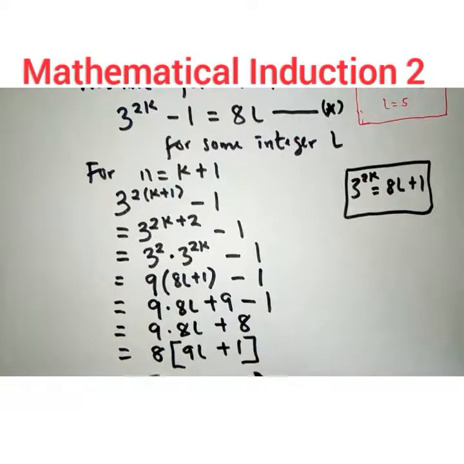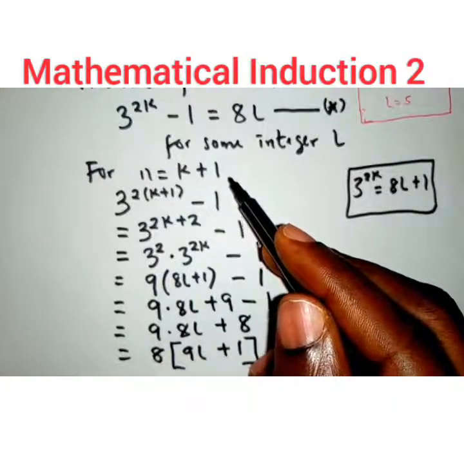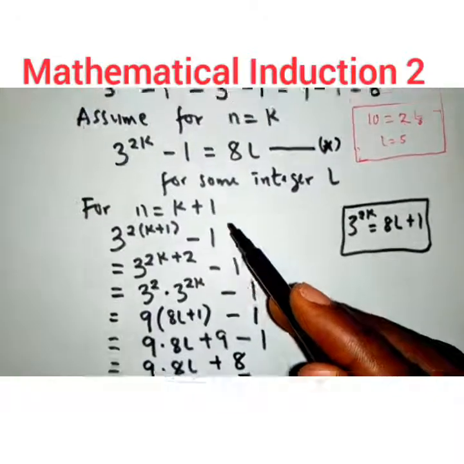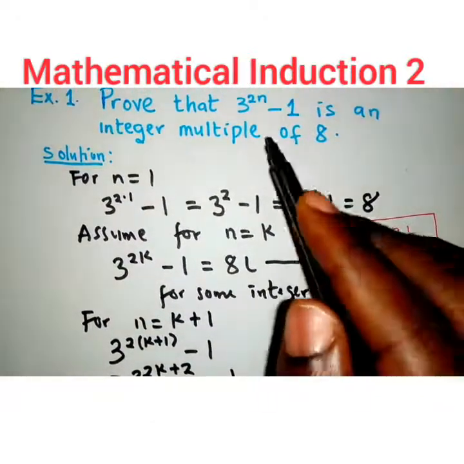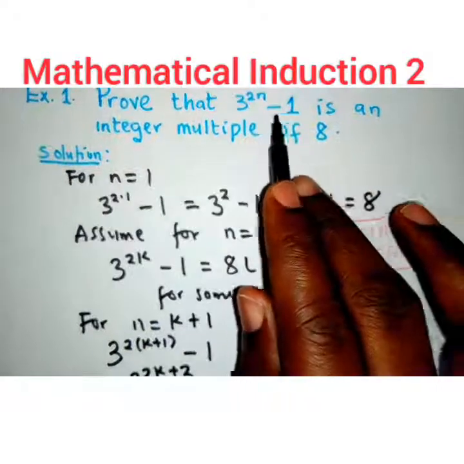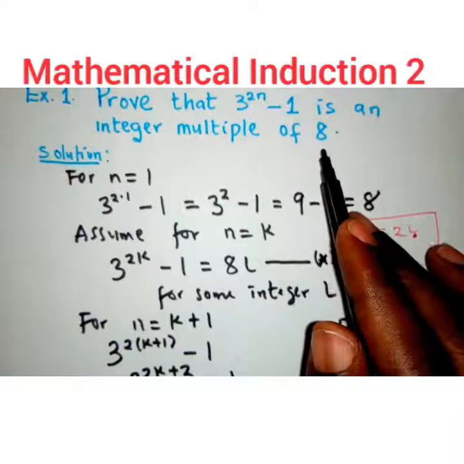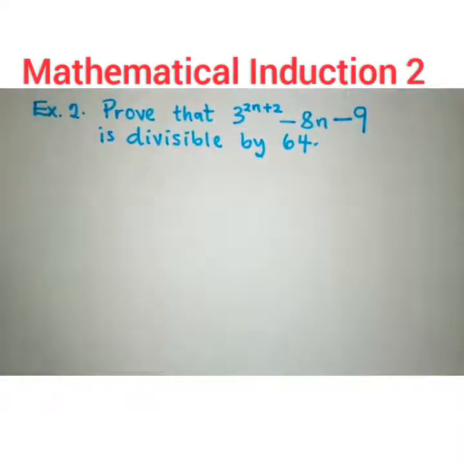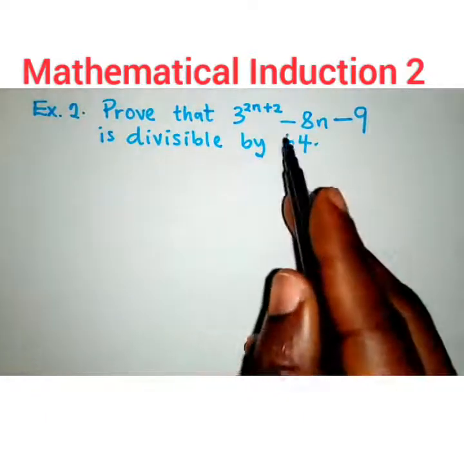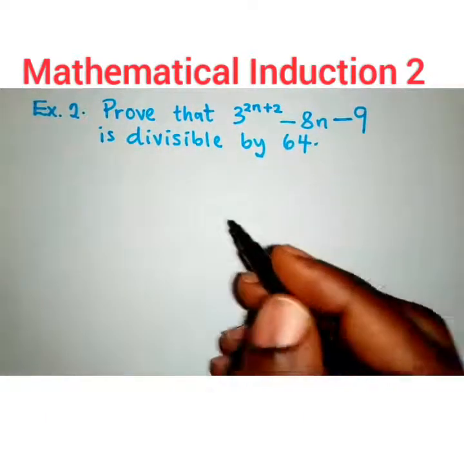So we see that this is a multiple of 8, and so it is true for n equals k plus 1. And so by the principle of mathematical induction, this expression is an integer multiple of 8 for all natural numbers n. And finally, we prove that this expression is divisible by 64.